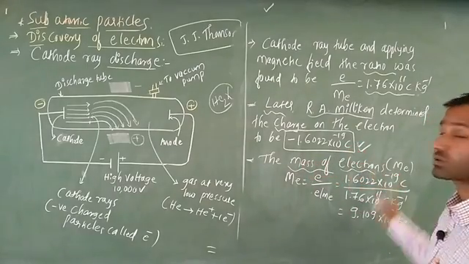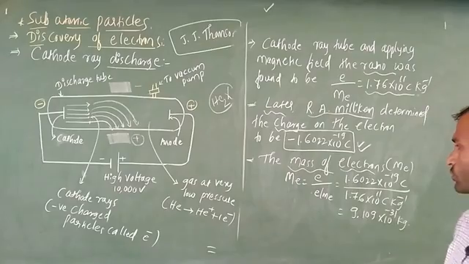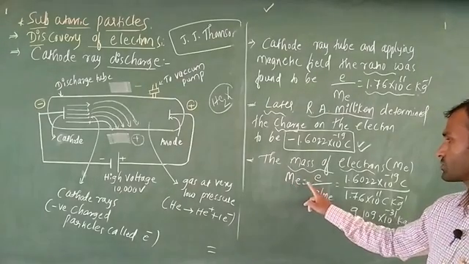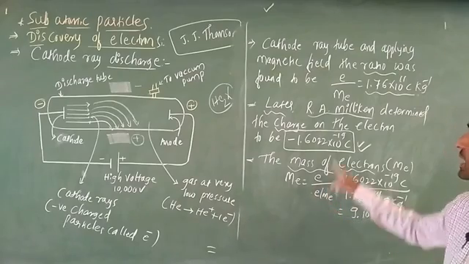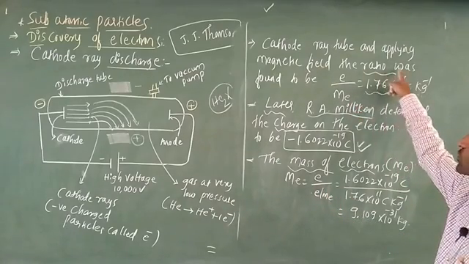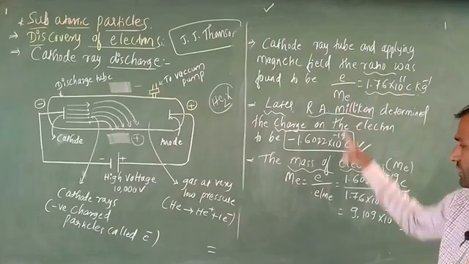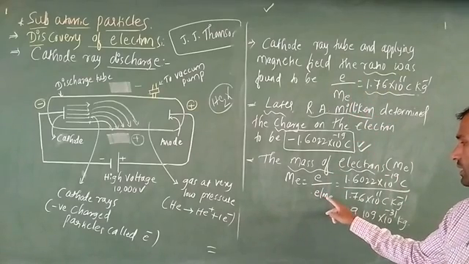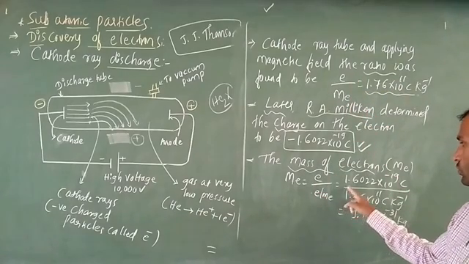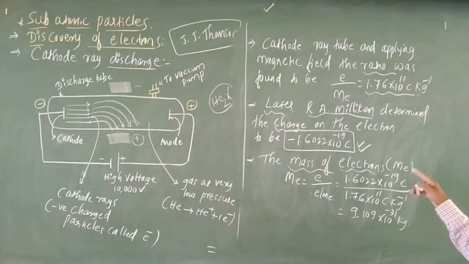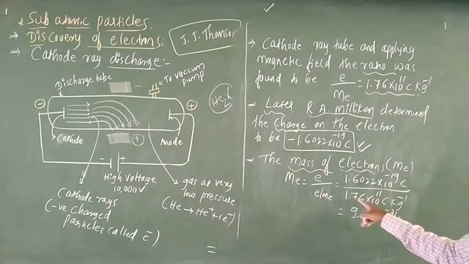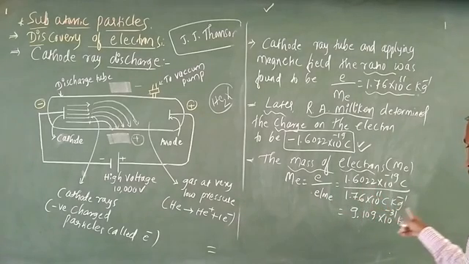Finally, the mass of an electron. This is the charge of an electron. The next one is the mass of an electron, that is also most important. Mass of an electron is equal to e divided by, when they apply the magnetic field, the ratio was found to be charge and mass of an electron, that is e divided by mass of an electron is equal to 1.602 into 10 to the power of minus 19 coulomb divided by 1.76 into 10 to the power of 11 coulomb per kg.